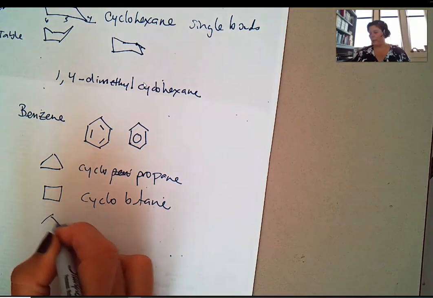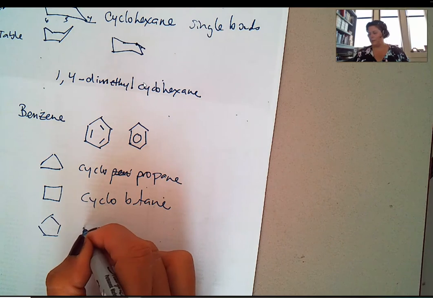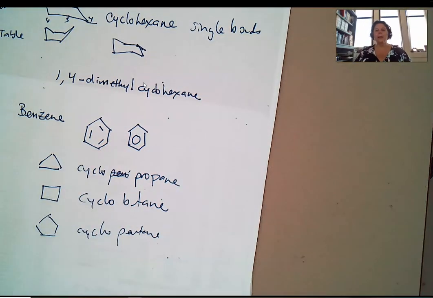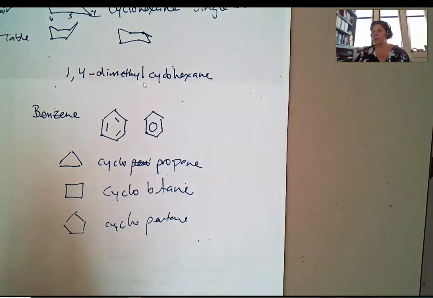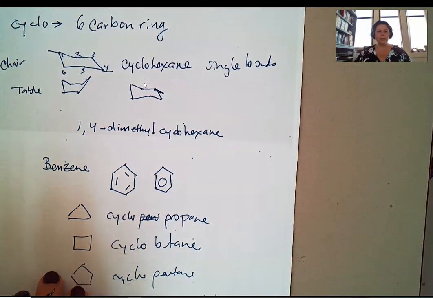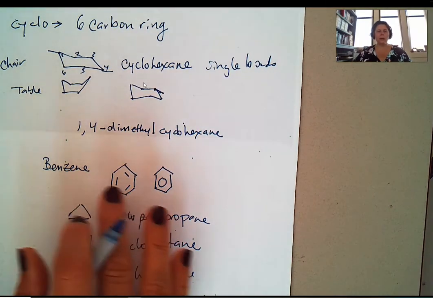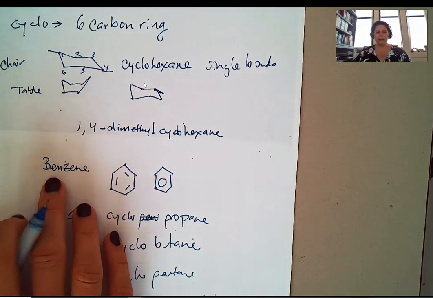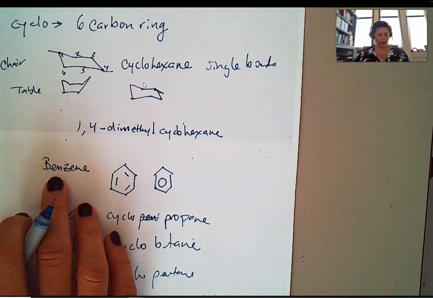If you have a penta, so cyclopentane. I think you get the gist. The important part is this idea that cyclo is a circle. If they're all single bonds, you use the word cyclo. If it is a hexane ring but with single bond, double bond, it's benzene. Just so you know that.